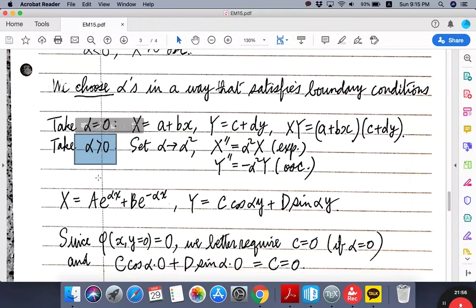Again, if this ansatz fails to give us the solution, then we will just switch our position and say alpha is negative. But let's proceed on the firm belief that alpha is positive. And instead of writing alpha, I'm going to write alpha square, because by the assumption that I've just made seconds ago, alpha is positive, so it's perfectly all right to write alpha square instead of alpha.